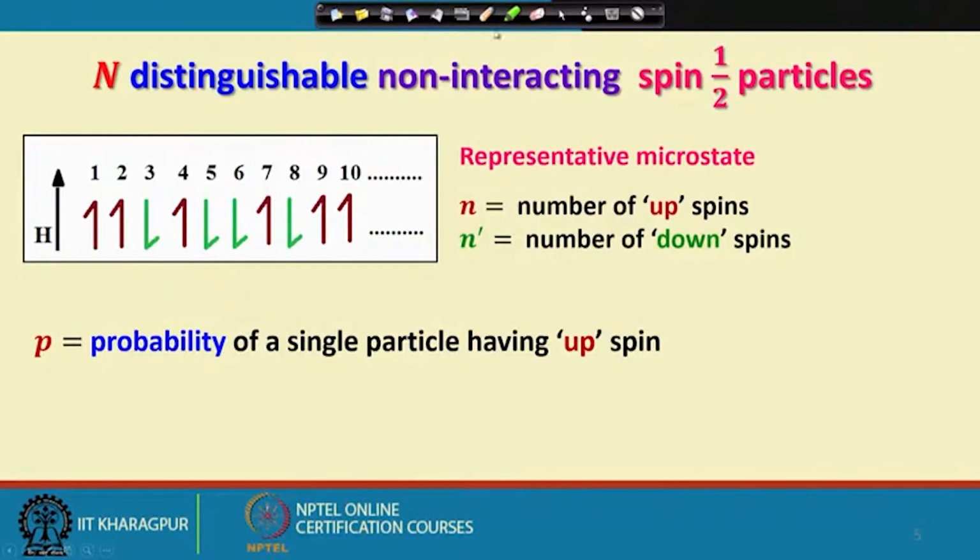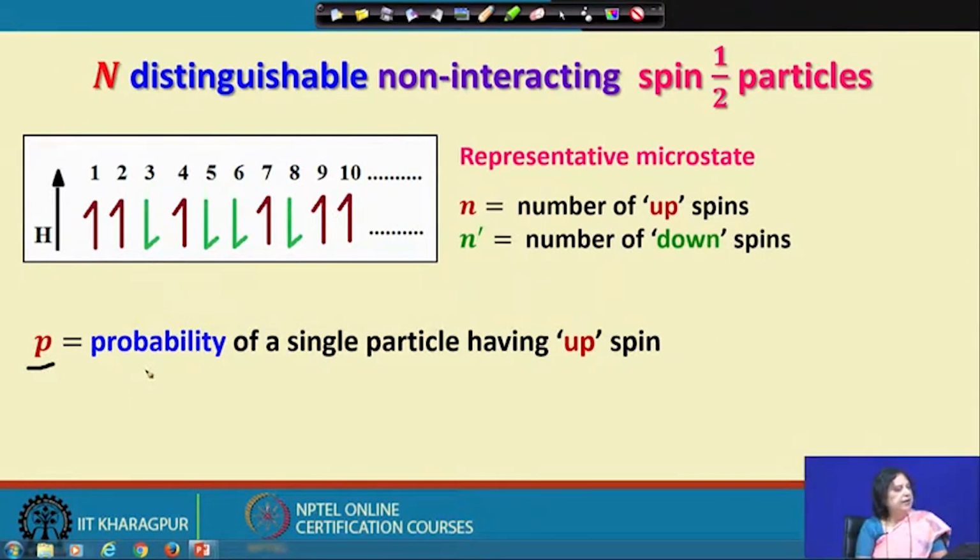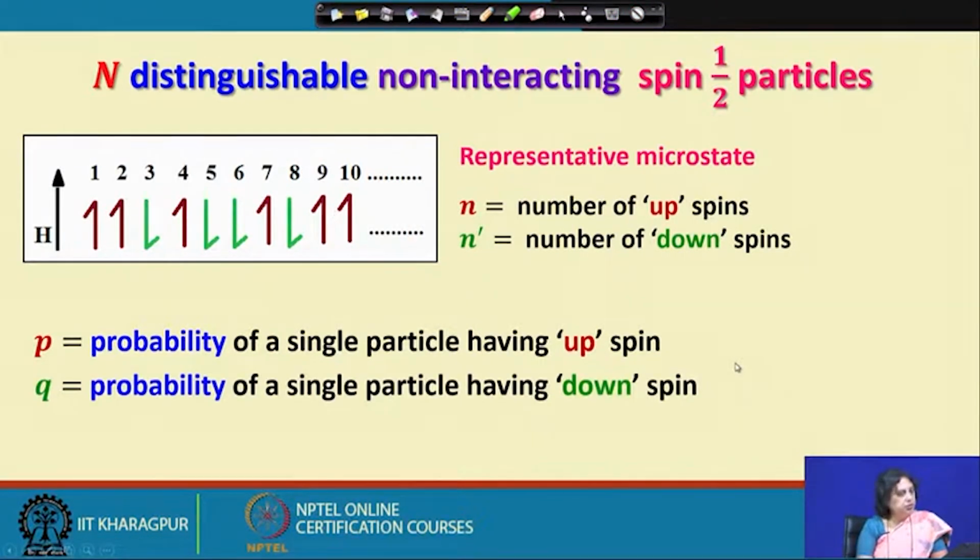That is exactly what I have shown here. I am assigning a probability p of a single particle having an up spin, and similarly a probability q for that particle having a down spin.